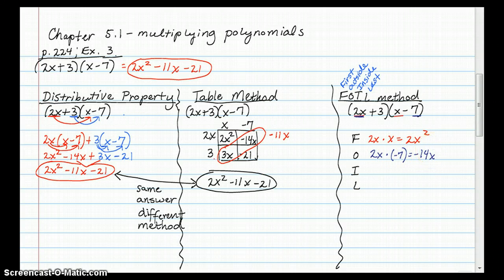And then you look at the inside terms. 3 and x are the inside terms, so 3 times x, which equals 3x. And then the last terms are going to be these two right here, 3 and negative 7.